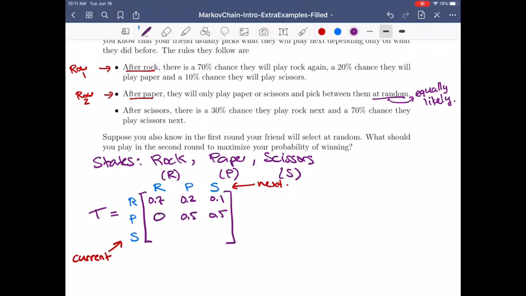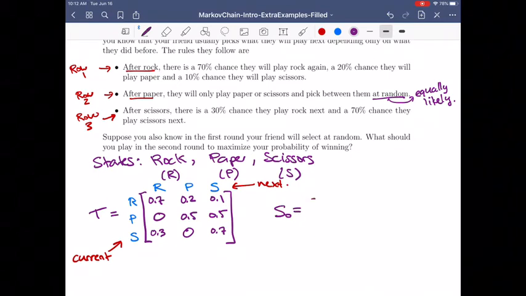They never play rock after paper. After scissors, this is going to go in row 3. There's a 30% chance they play rock, a 70% chance they play scissors. That already adds to 100%, so that means they never play paper after. Okay, so there's our transition matrix.